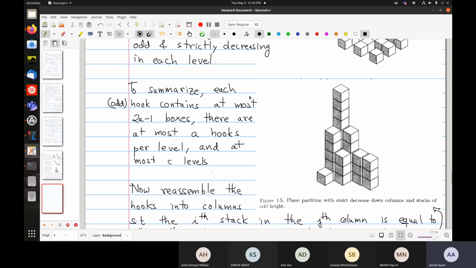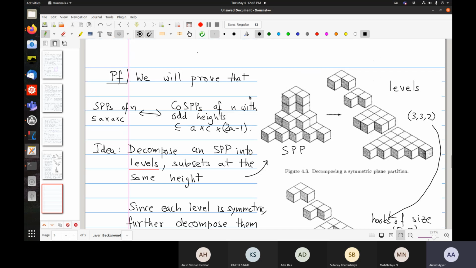Okay, now what do we do? We have ended up with a co-SPP.